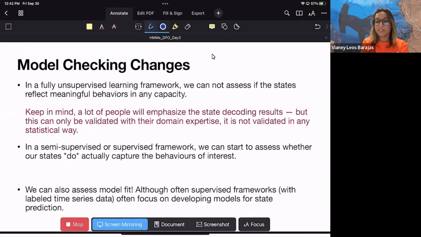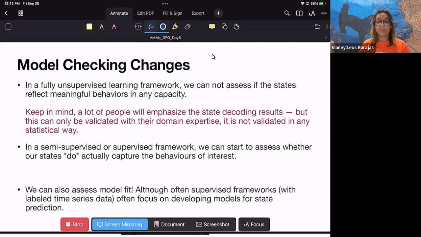Oftentimes with a different implementation, the model checking is going to change. So in a fully unsupervised learning framework, we cannot assess if the states reflect meaningful behaviors in any capacity. Keep in mind, a lot of people will emphasize the state decoding results, and this is seen a lot in hidden Markov model papers. But this can only be validated with domain expertise. It's not validated in any statistical way.